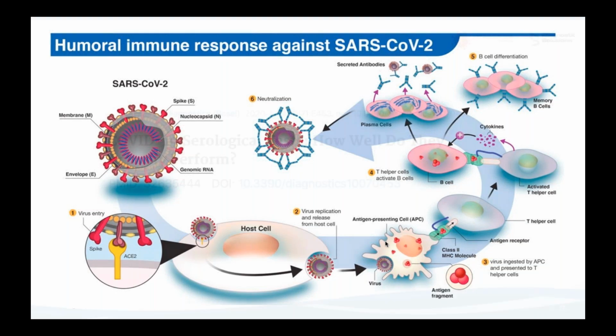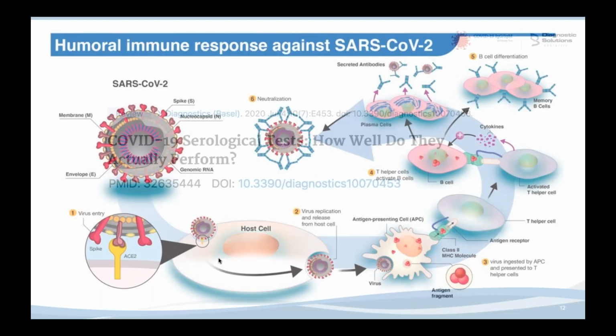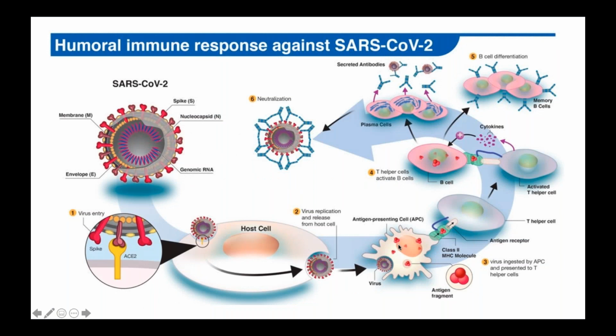Those types of cells take up the virus, and then they process the various antigens and present them to the adaptive aspects of the immune response, so the T cells in particular. Through that interaction of these antigen-presenting cells with the T cells, that starts a cascade of immune responses. That causes the T cell to be activated, and then that helps to stimulate and activate B cells at the same time.